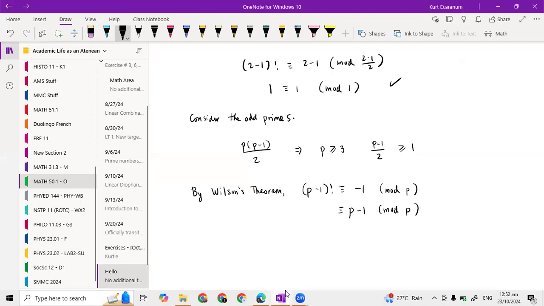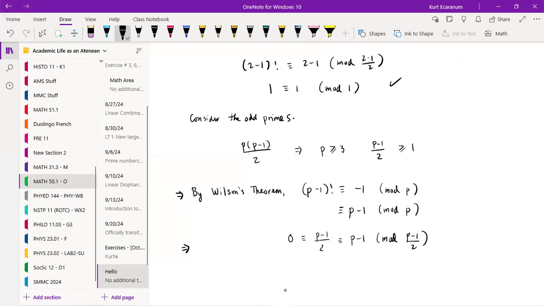If we start at 0 and then consider the multiples of (p minus 1) over 2, we get p minus 1 congruent to p minus 1 modulo (p minus 1) over 2. Yay! Actually, malapit na tayo. Okay?